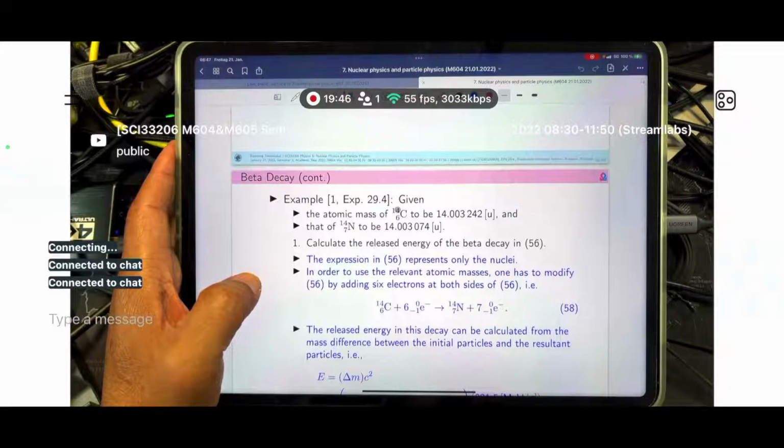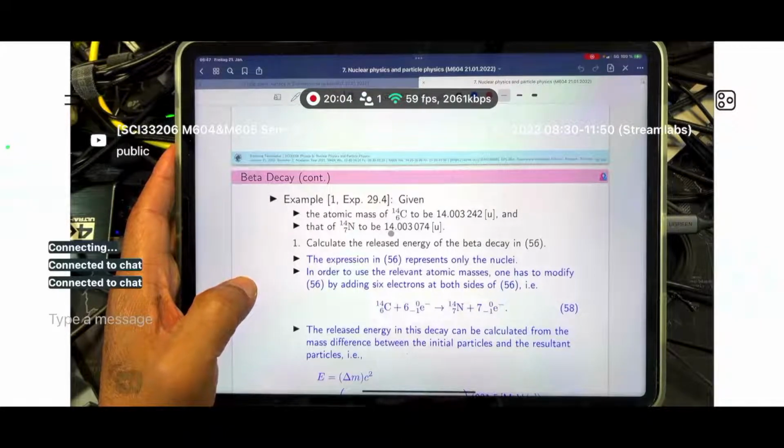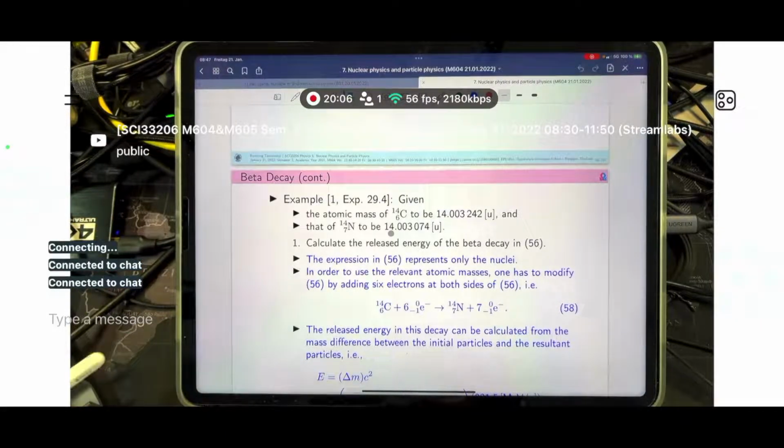For atomic mass, it has a little bit of deviation from the exact 14, and the nitrogen 14 too. Even though it also has 14 nucleons, the atomic mass is quite different. It's 14.003 and 0.74, right?